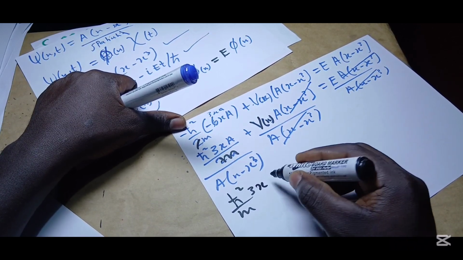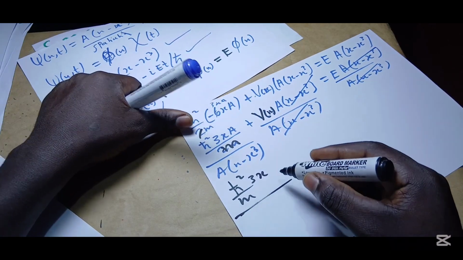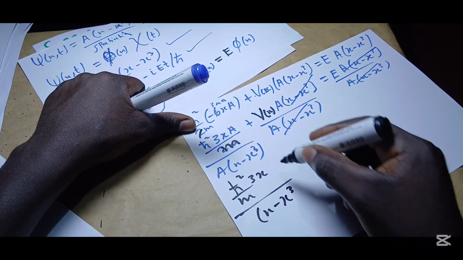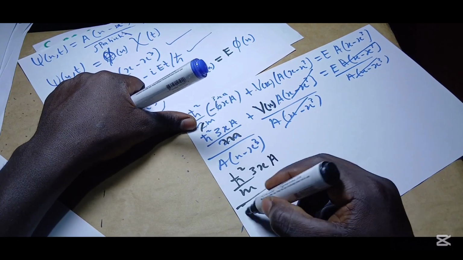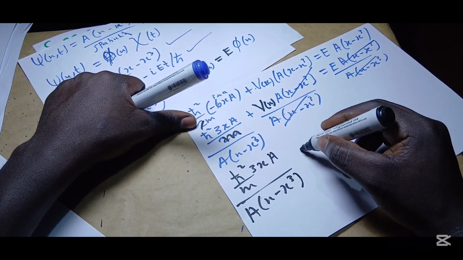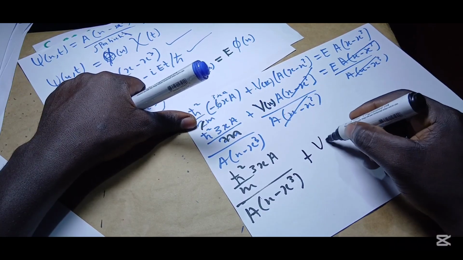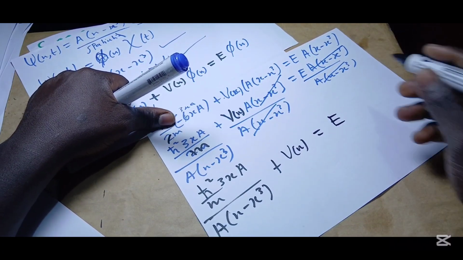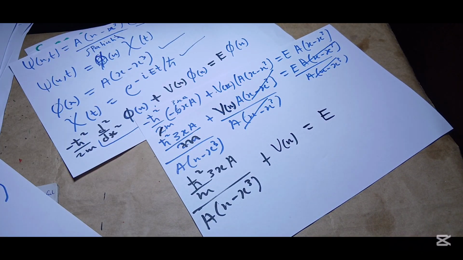So 3x all over x minus x cubed. Let me write A there. So that cancels it, you see. And this term here becomes v of x equal E.